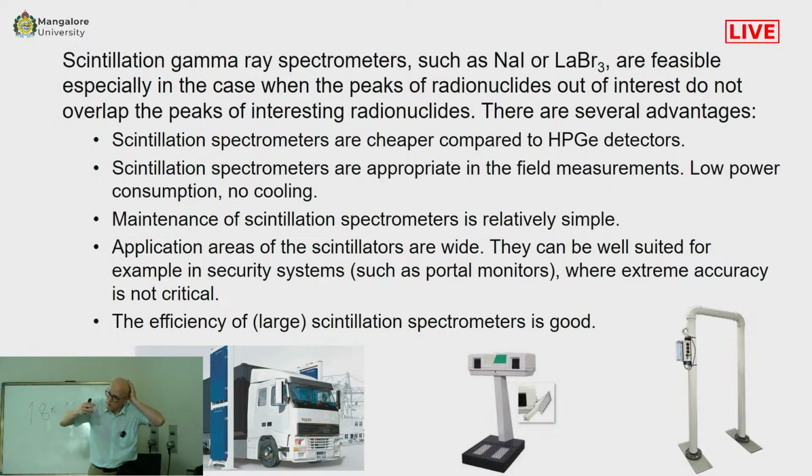But they just wanted to produce a fallout map in Finland, mainly from cesium-137. So, the advantage is that they are cheaper compared to high purity germanium by a factor of at least 10.